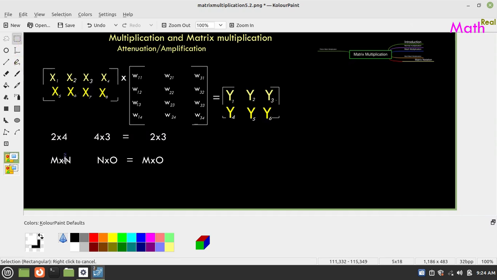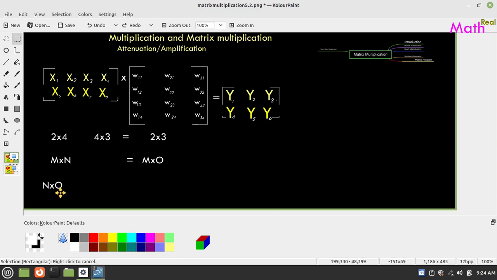In matrix multiplication, in the output, they have no importance. The first matrix's row and the second matrix's column come into the picture. In between, n goes, but it must be equal. If the first matrix's column count is n, the next matrix's row count must be n. So it will become m into o.